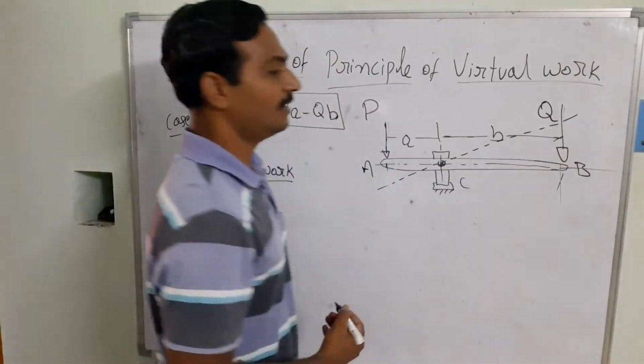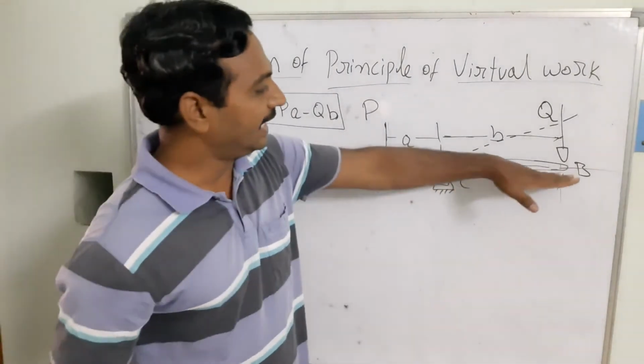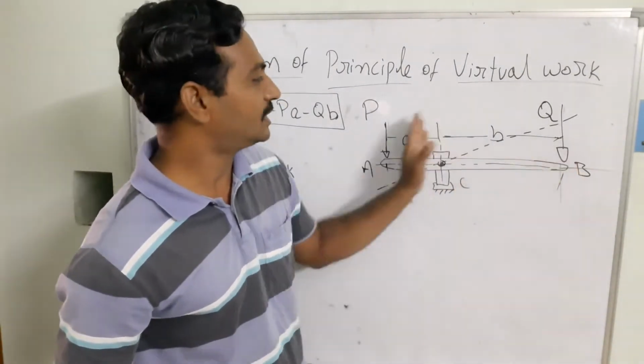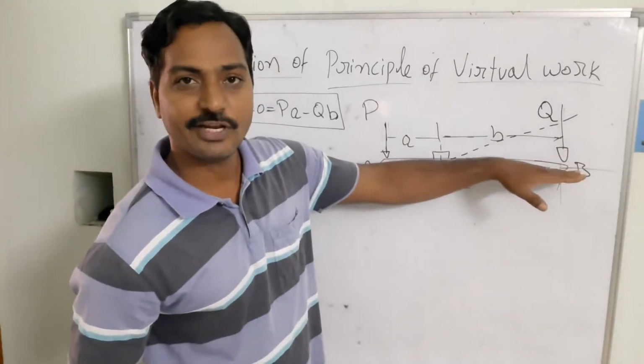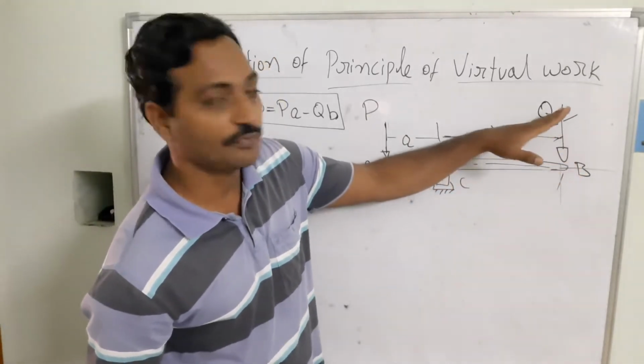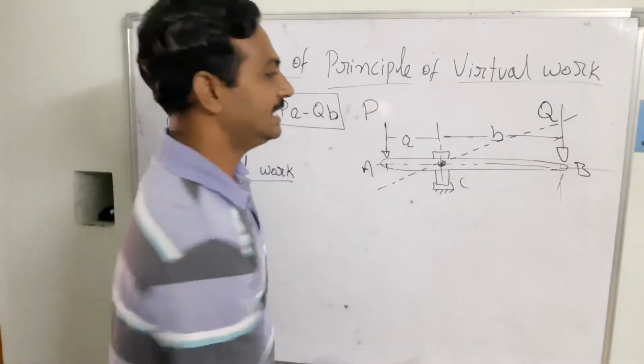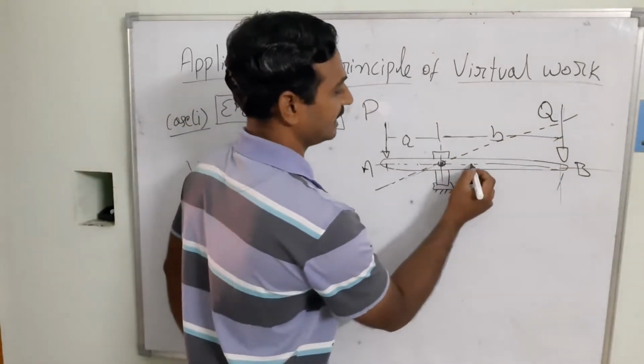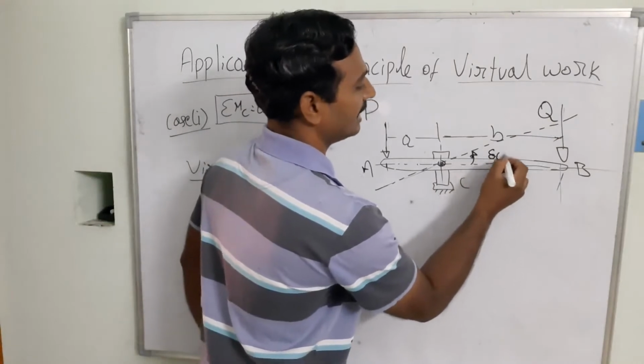So the body at the initial condition is in the horizontal direction, but because of this imaginary displacement I shift to this position. This is your inclination, which I call del theta.